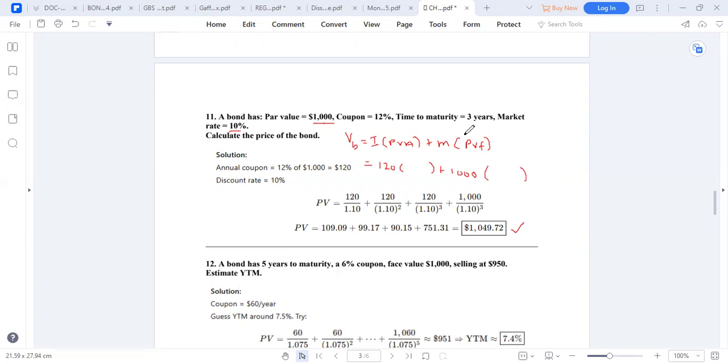Then you go to the table, 10% under 3. Have we been taught how to use the financial tables? Yes, you taught us. Okay, so you need to check on the present values. These tables will be given to you.